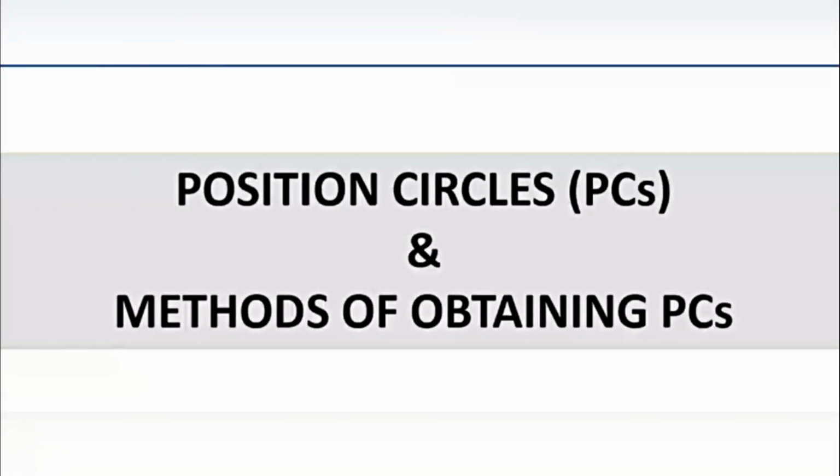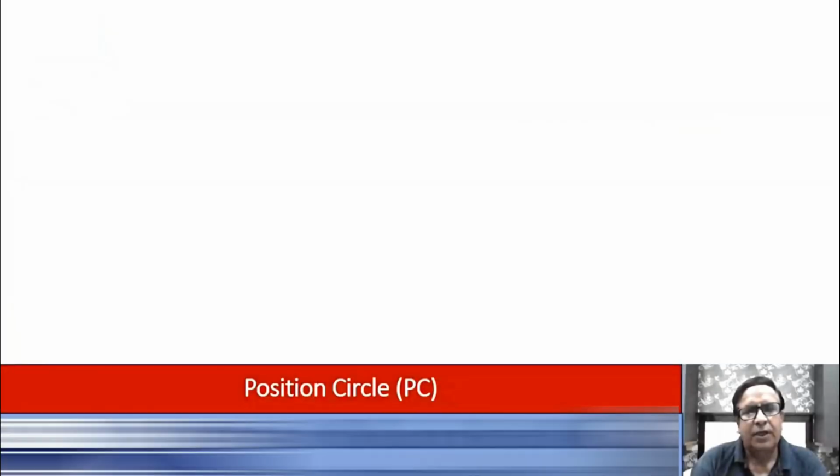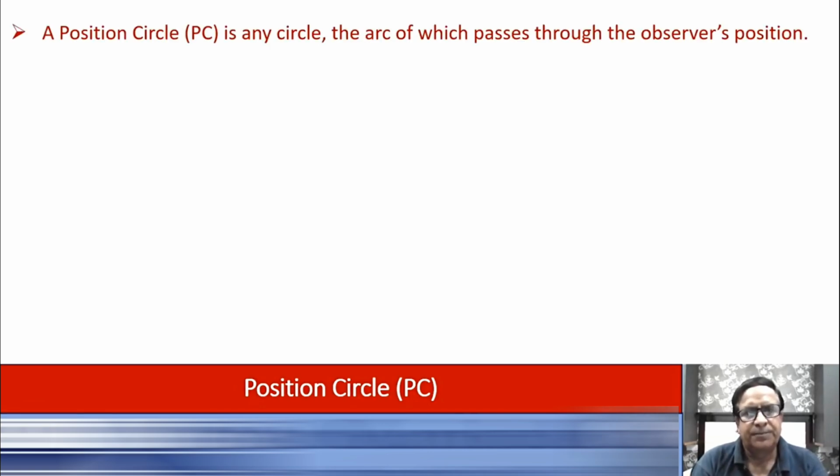In this video, we shall try and understand the concept of position circles and the various methods that could be deployed in chart work to obtain position circles. Having understood the concept of position lines in the previous video, now let's understand what a position circle means and how we could draw position circles on the chart.